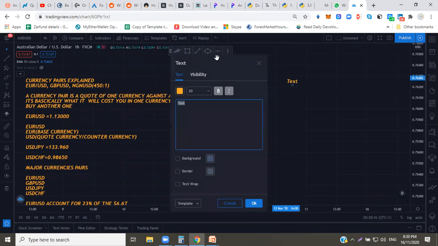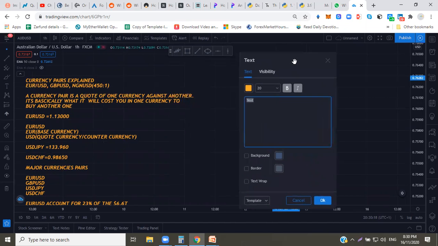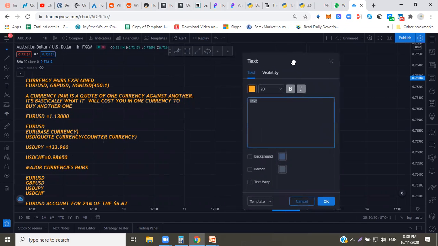Okay, so what are the factors? What factors affect the rate?